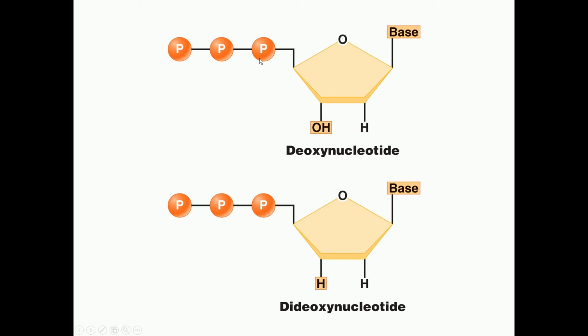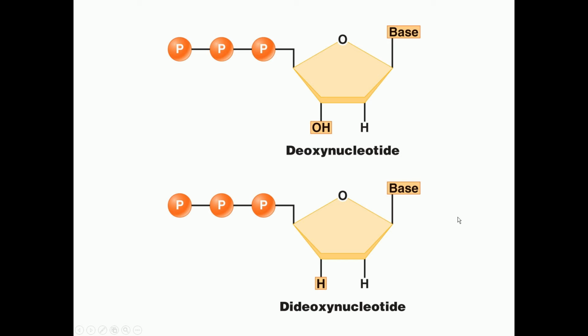Now what is a dideoxynucleotide? It is a modified nucleotide in which on the 3' carbon, instead of OH there is H, which means there is one more oxygen less here. The second oxygen missing is on the 3' carbon, so that is why it is called dideoxy. On the 2' as well as on the 3' there is an H group.